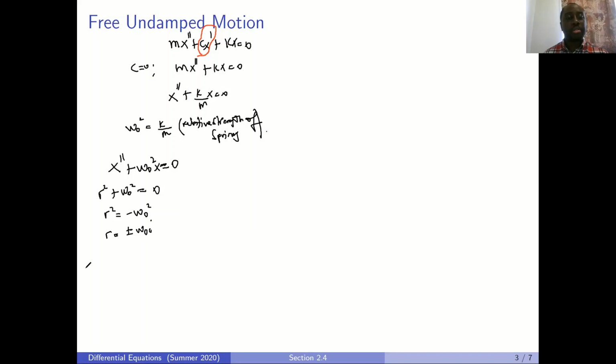So I know that my solution to this homogeneous problem will be of the form e to the r t. So we can use e to the w0 i t, which, if we apply Euler's formula, is the cosine of w0 t plus i times the sine of w0 t.